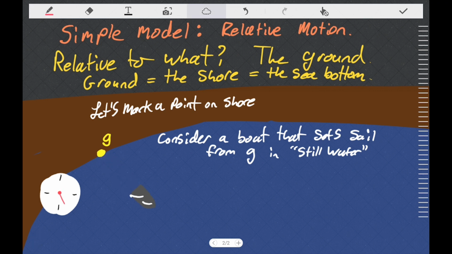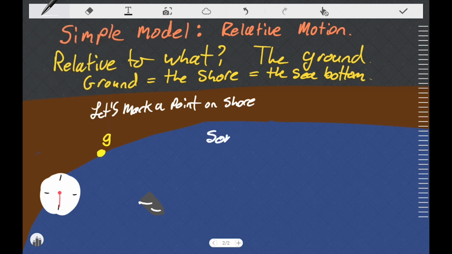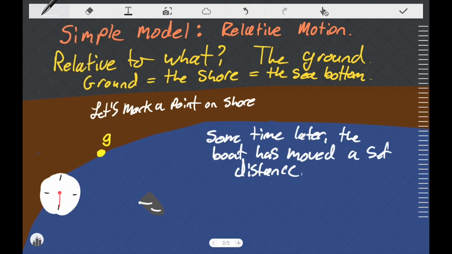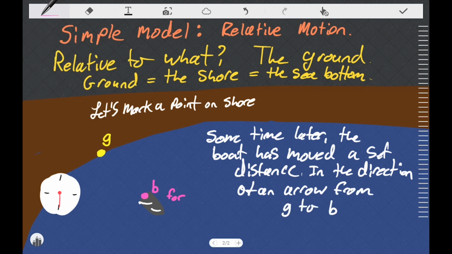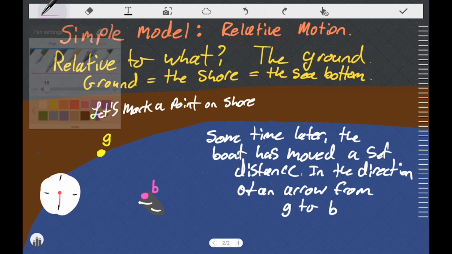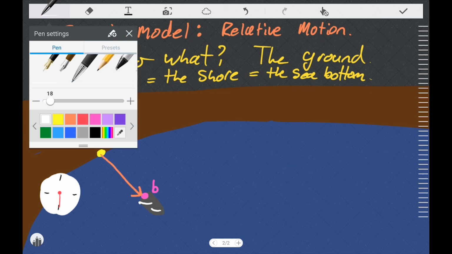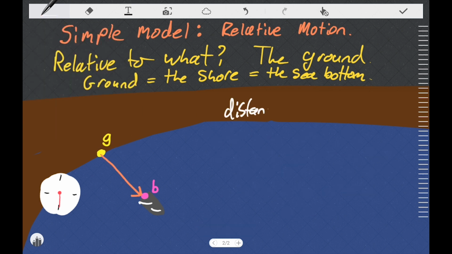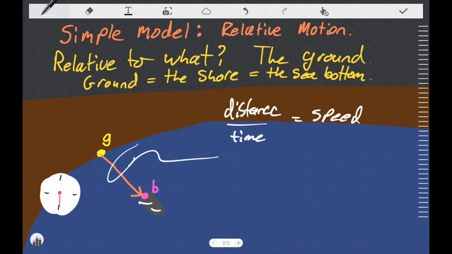After some time, the boat will have moved a set distance, and it will have moved in the direction of an arrow that points from G to point B. We're going to draw point B on the boat. So we can take the distance that the boat moved and the time that we have on our stopwatch and use that to calculate a speed that the boat was traveling.